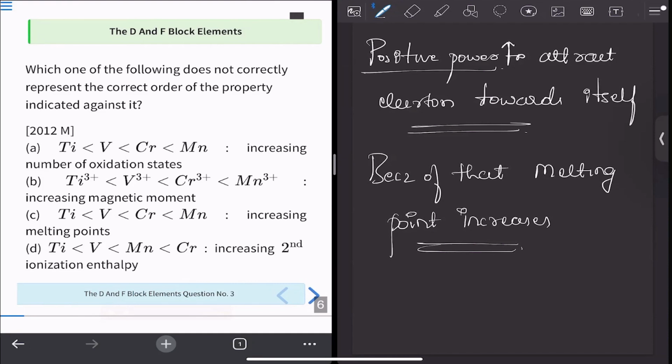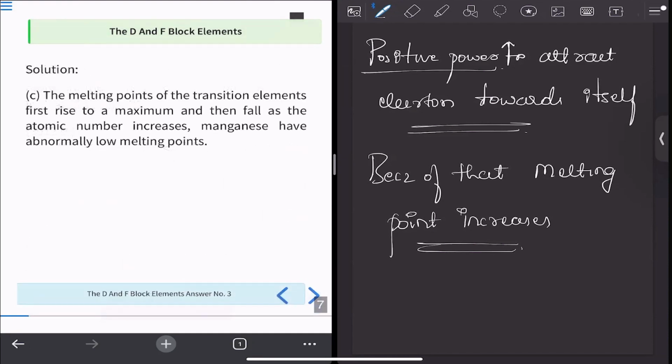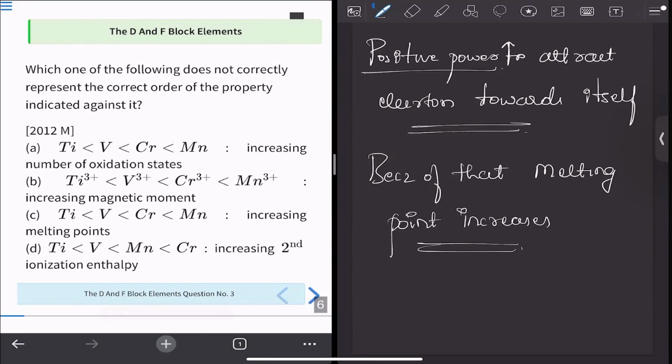So option D is... melting point increases. This statement is not a correct statement. They have asked about the answer to this question. This is the answer.